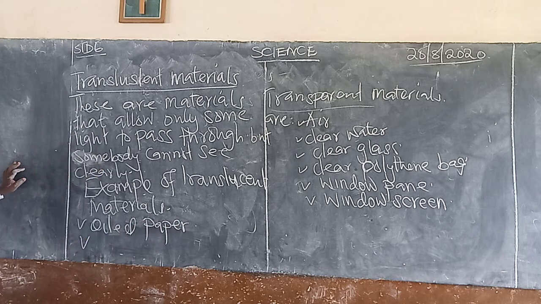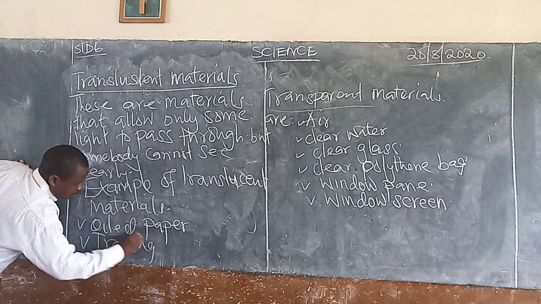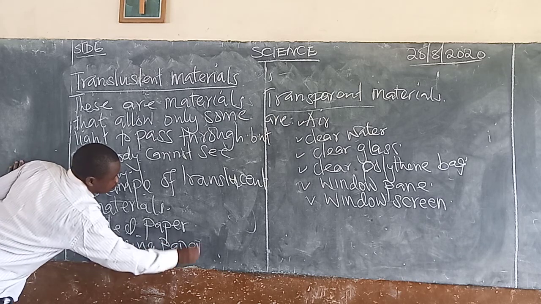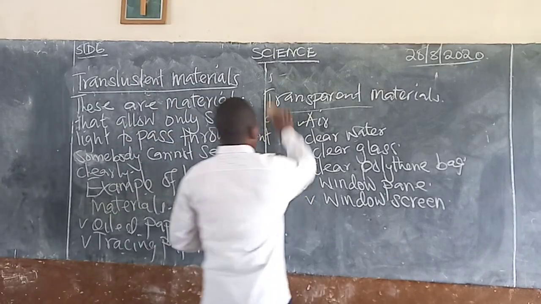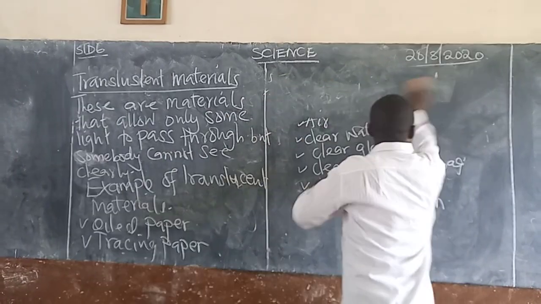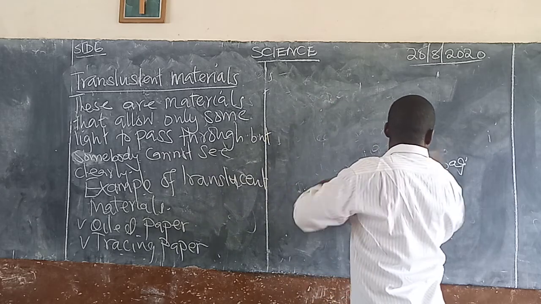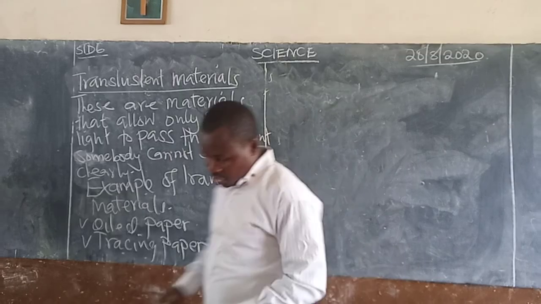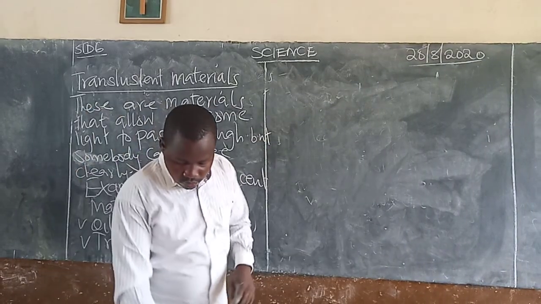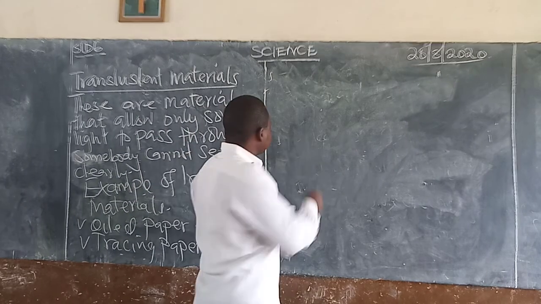Number two, we have the tracing paper. We have the frosted glasses.